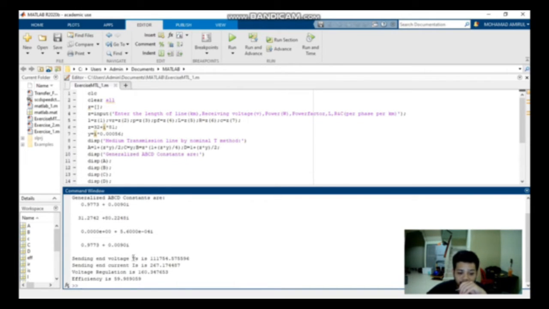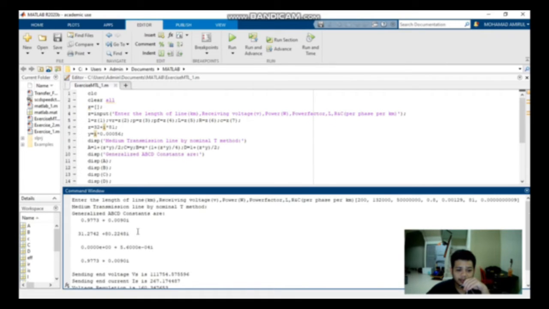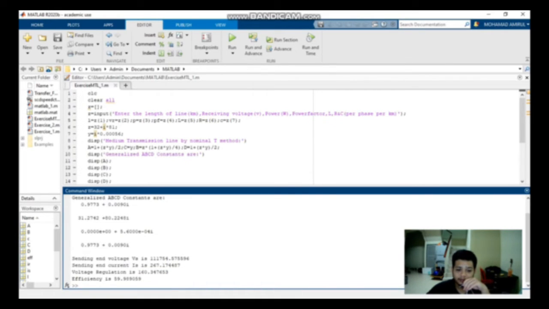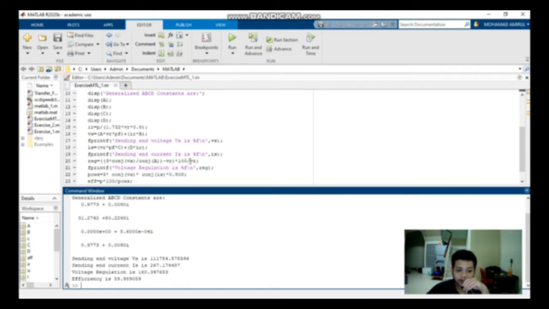The sending end voltage Vs is 1114.575596, the sending end current is 267.174487, and the efficiency is 49.989059. So we can see the answer is the same as the manual calculation. That's all from me.